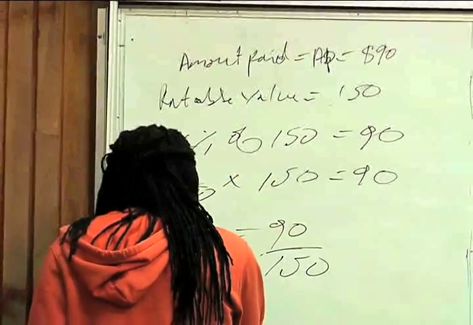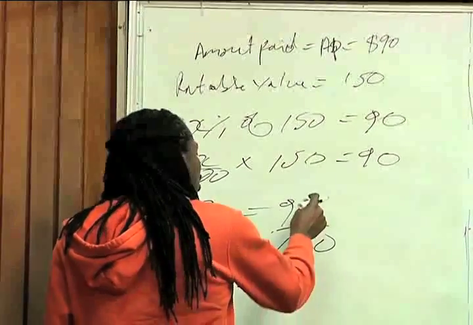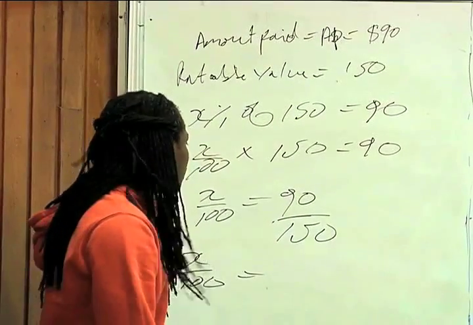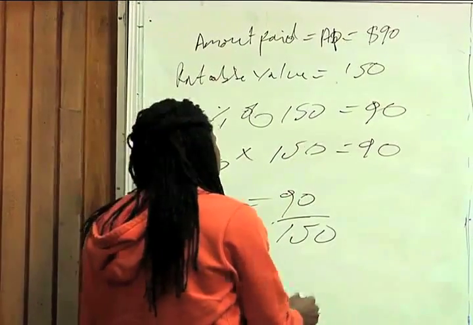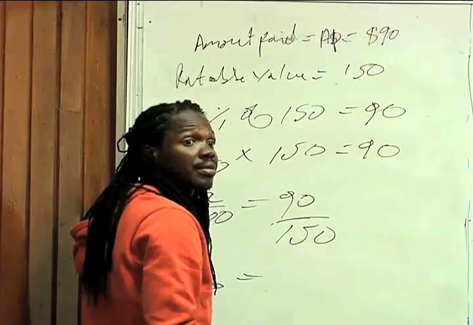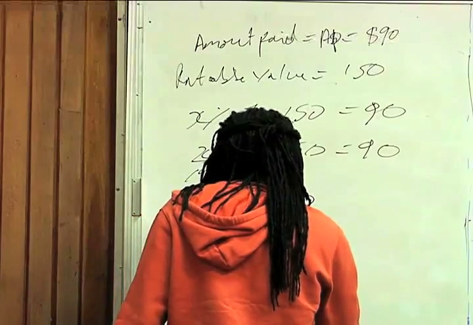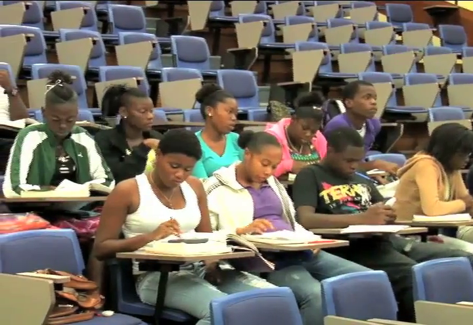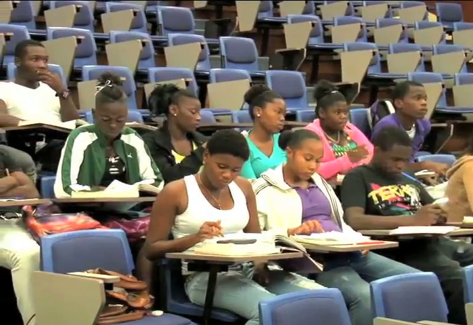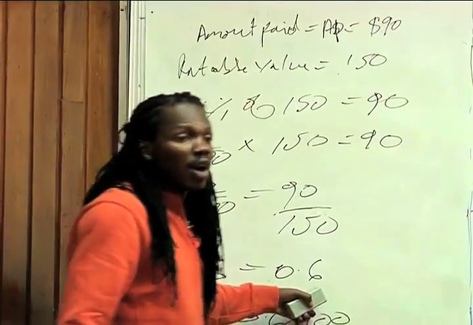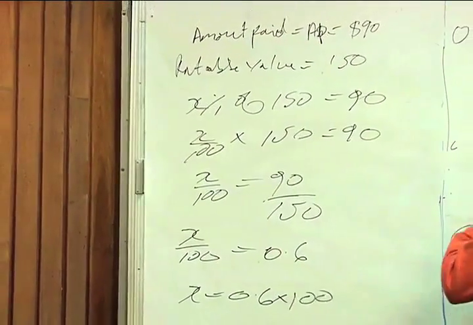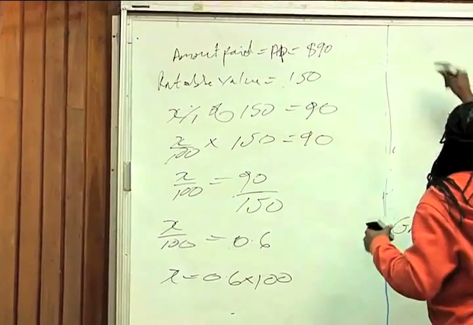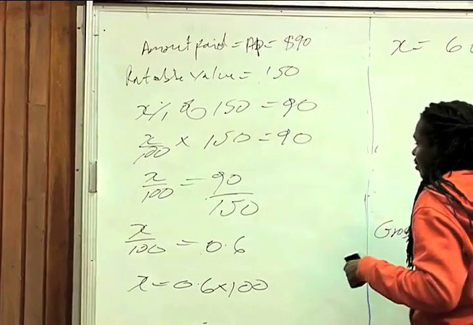So X over 100 equals 90 over 150, which reduces to 3 over 5. That means X equals 0.6 times 100, because this is divided by 100, so it comes over as the opposite function, multiply. So X equals 60. 60 what?